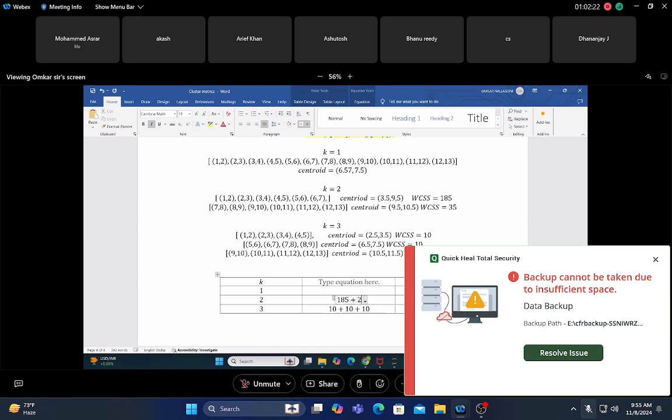185 plus 35. 180 plus 35, how much? 210. 35, amma, 35. 220?